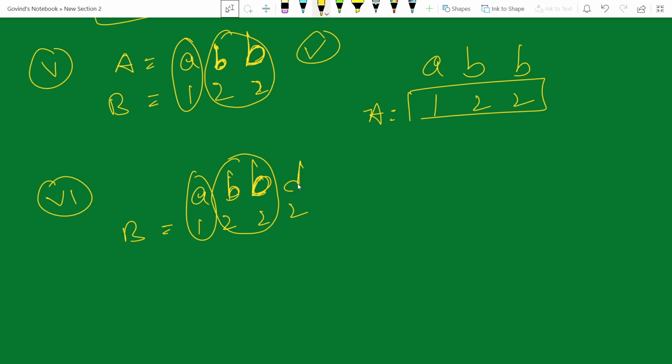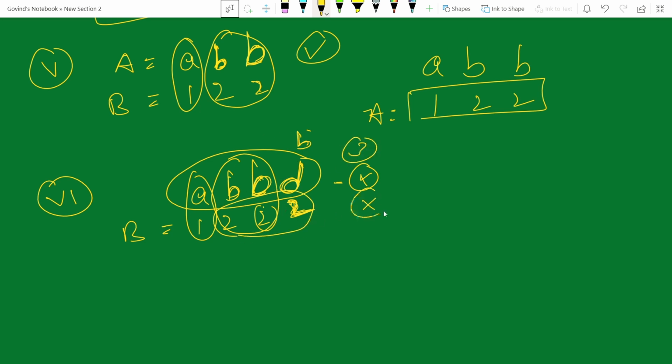Now we have D which is occurring two times, but we cannot find another element which is occurring two times. D is only occurring one time here, so it is not possible. Now don't think that we can put D also as B, because then B is occurring three times, but its frequency is 2, so it is not possible.